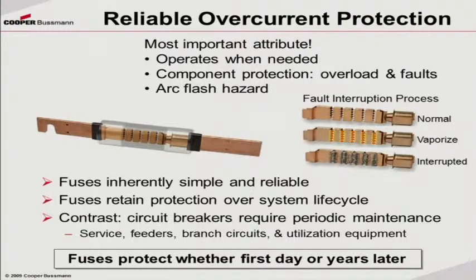And when it melts, it creates an electrical arc, creates a lot of pressure inside that container. And then they put silica sand inside the container around that. And what happens under that arc and heat and pressure is that the silica sand turns into glass. And that glass process, making glass, takes the heat out of the arc, and the arc goes out very quickly. And so that's how it achieves the current limitation without any moving parts.